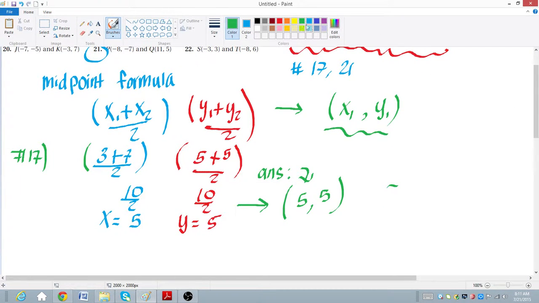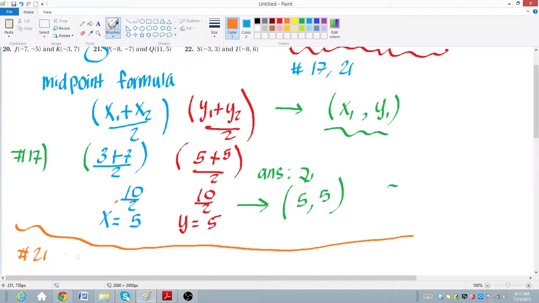So for number 21, I'll put it down here. Number 21, and I'm just going to write down the points so I won't forget: -8, -7, and the other point is 11, 5.